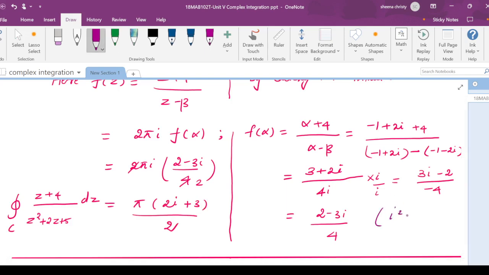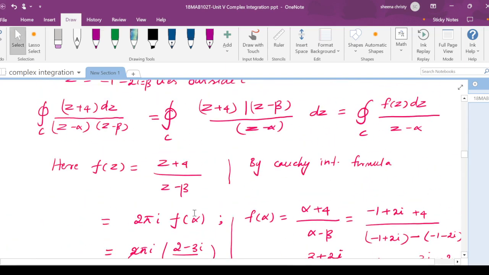i square equal to minus 1. So substituting that value, you are having plus 3 divided by 2. Hence, we are having the integration value of (z plus 4) divided by (z square plus 2z plus 5) into dz equal to pi times (2i plus 3) divided by 2.